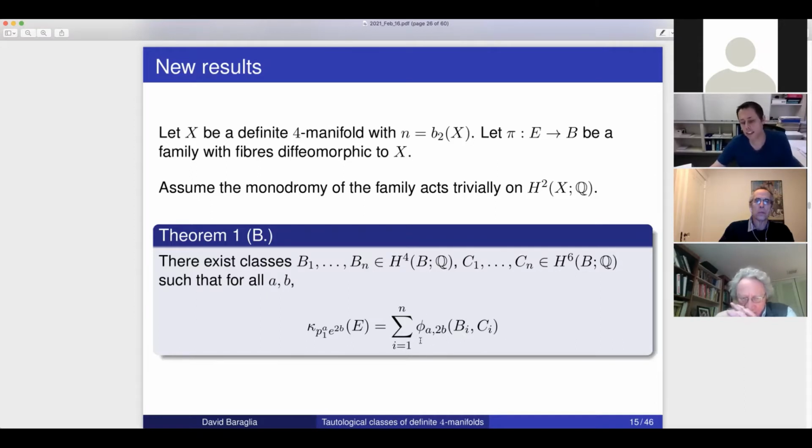So this phi is the same phi we had in the linear case, this polynomial phi in the B's and C's. So these B's and C's are sort of playing the role of the second and third Chern classes of these CP2 bundles. And then there's a sum from 1 to n.